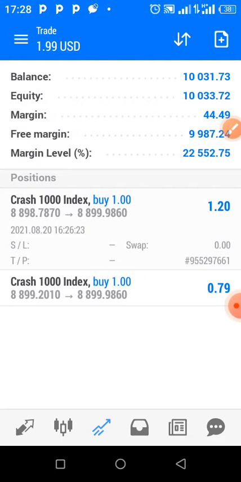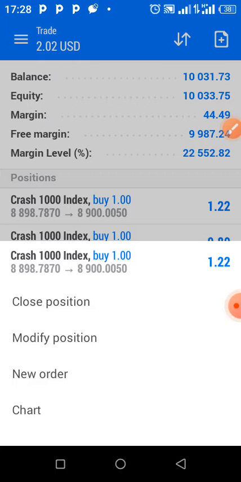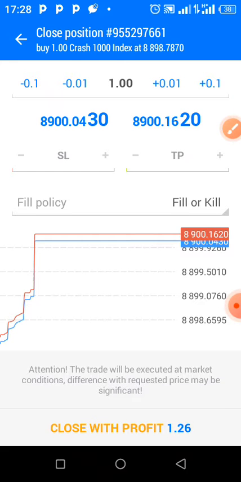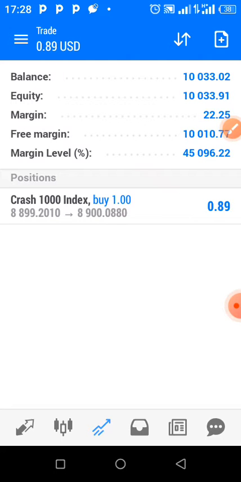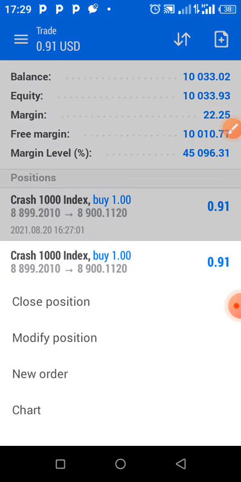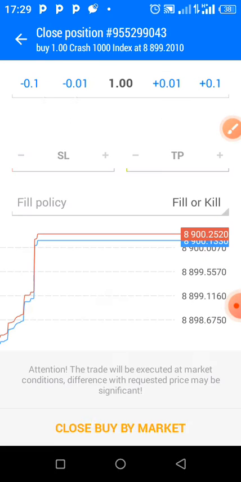Click on the one you want to close, press it down. You see close, click on close trade, then at the bottom, close with profits. You've closed that. Then the second one again, we are closing it too because we've gotten our 3 candles already. Close.